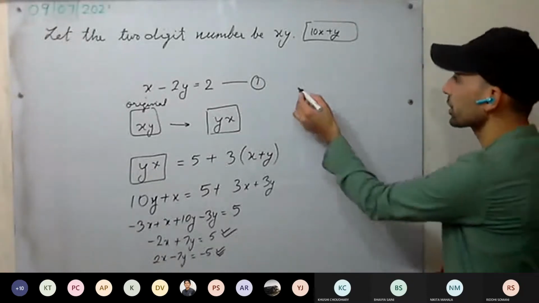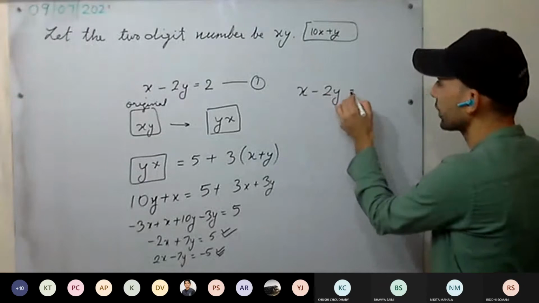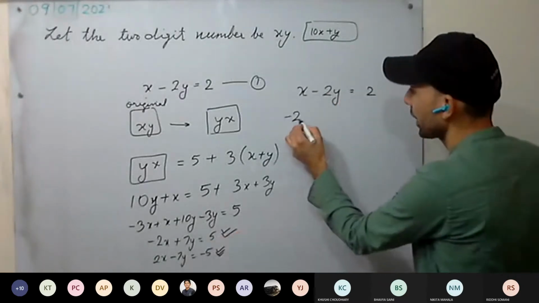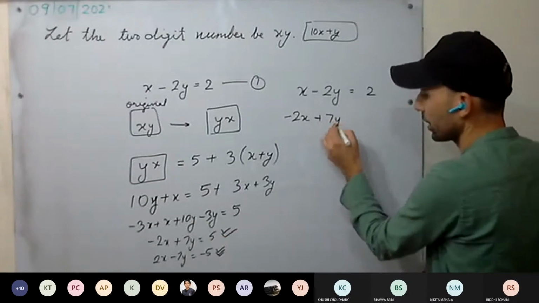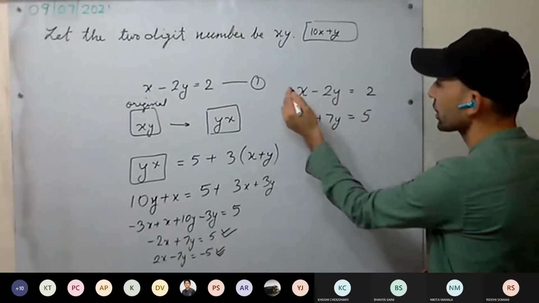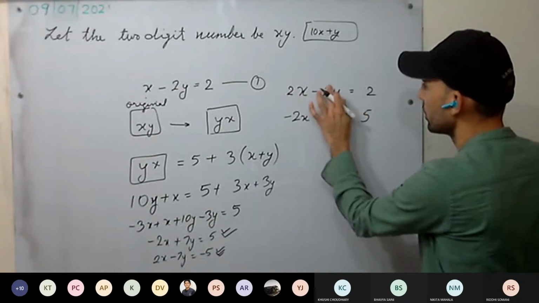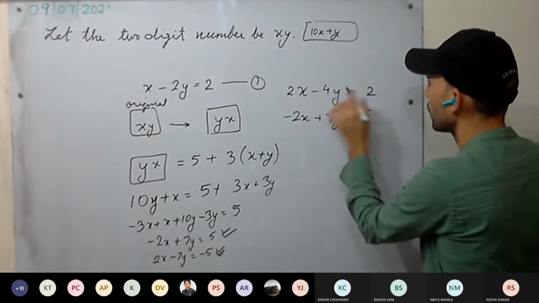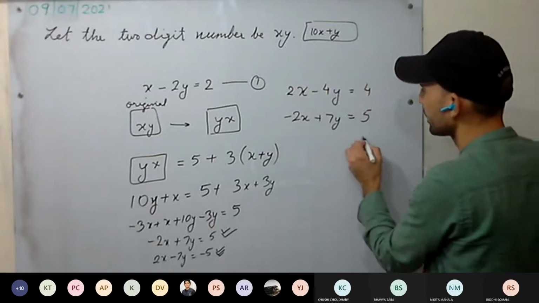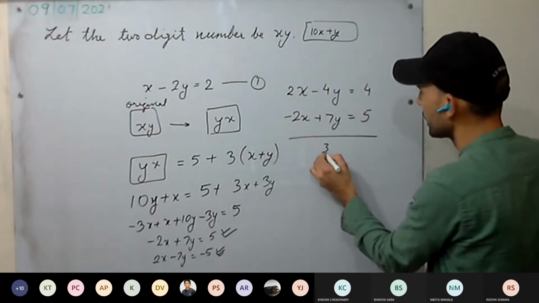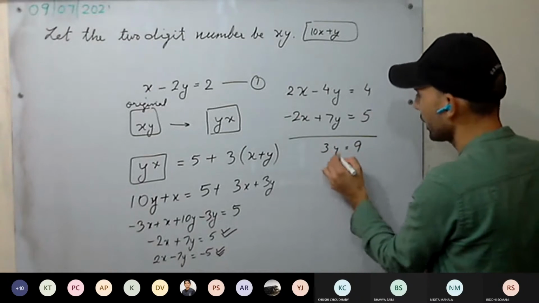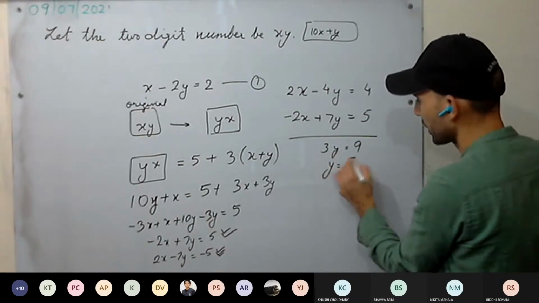You have got the two equations. X minus 2y equal to 2. If I'm using this first equation, it is minus 2x plus 7y equal to 5. If I multiply the first equation with 2, add them. You'll get 3y equal to 9, y equal to 3.